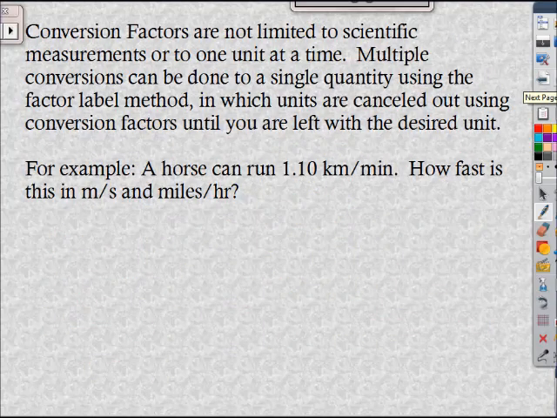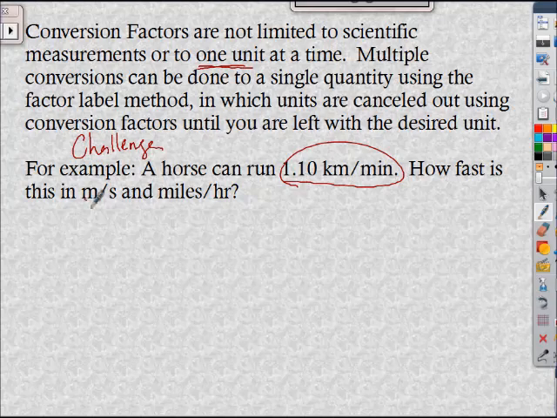Next thing I want you to try is, hey, sometimes I'm going to have multiple units. This is your challenge for the day. Can you figure out this problem? Kilometers per minute, and I want to switch it into meters per second or miles per hour. Can you do that? See if you can understand how to do that. If not, we'll talk about this one in class the next day.